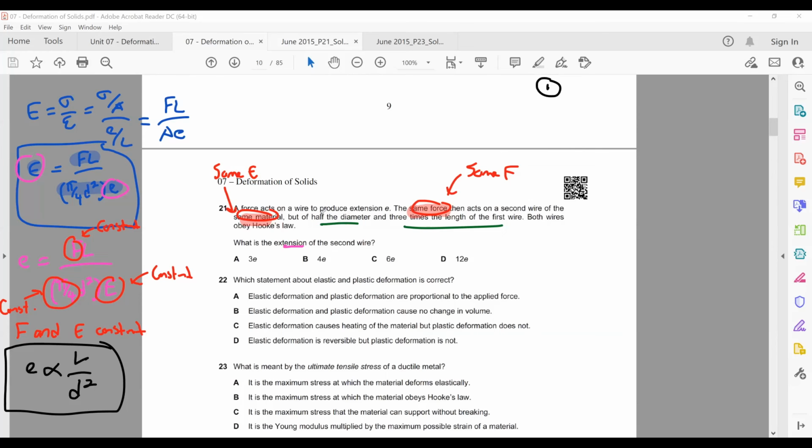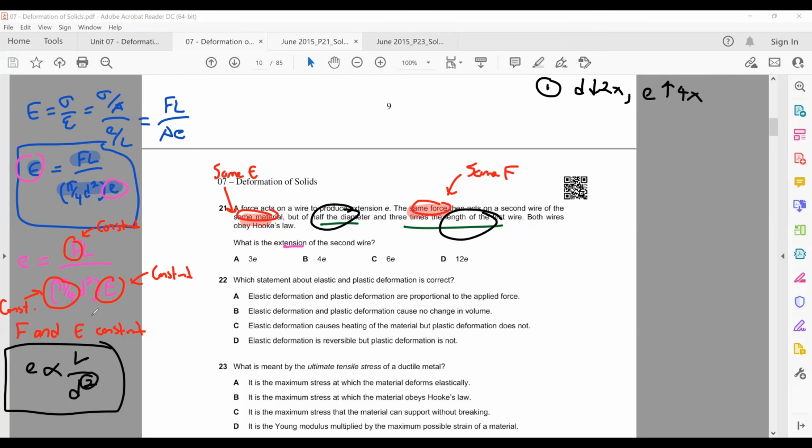Right now you see they say it's half the diameter and 3 times the length. If your diameter reduces by 2 times, that means your E will increase by 4 times because there's a square term here.